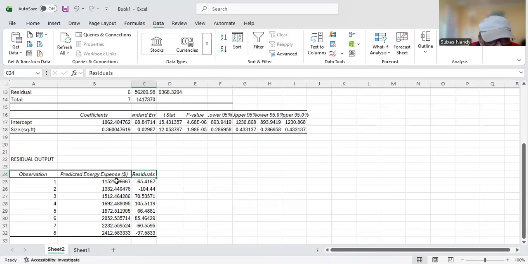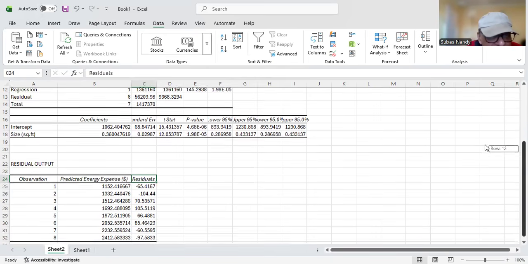The actual cost minus the predicted cost is the residual. And in that column, I see some negative values and some positive values. So that means the model is strong between x and y.